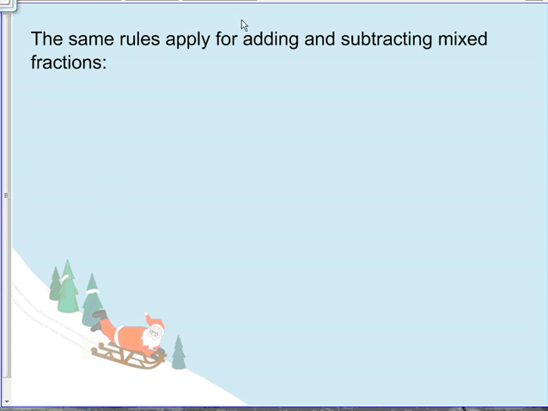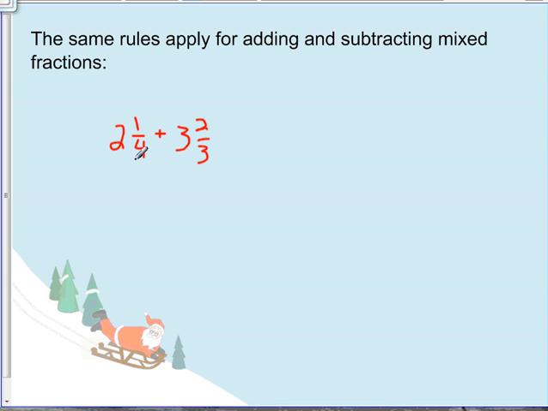Now, what if we have mixed numbers? So for example, if I have 2 and 1/4, and I want to add that to 3 and 2/3. The first thing you want to do is turn these mixed numbers into improper fractions.